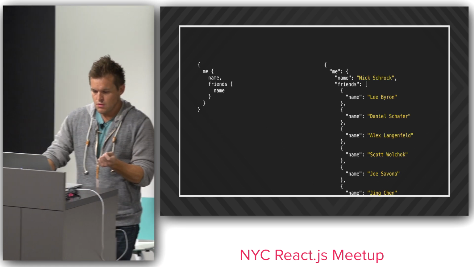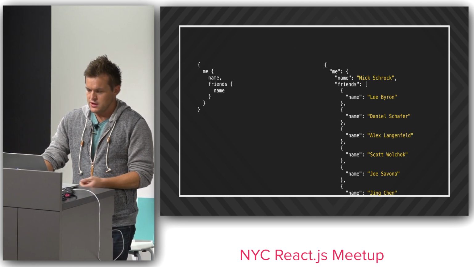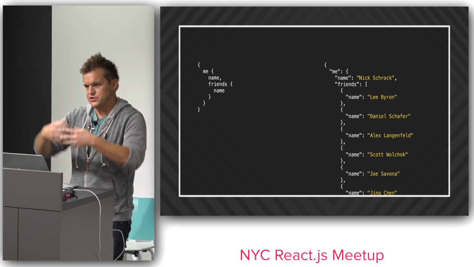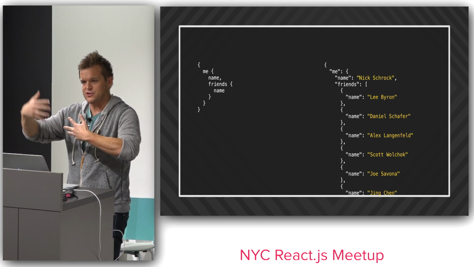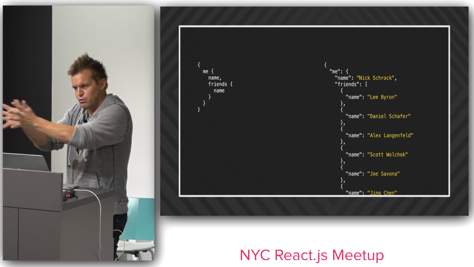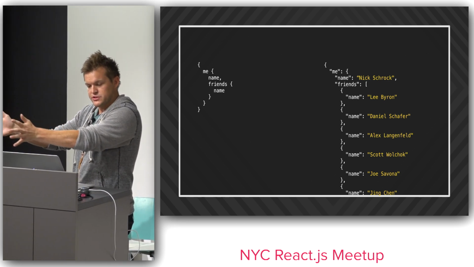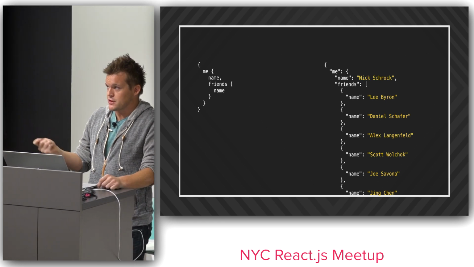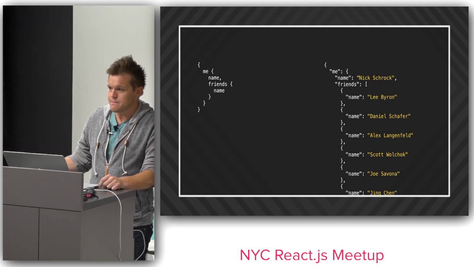So where it gets more interesting is that GraphQL was not designed just to get the properties of a single object. It's also designed to smoothly follow the connections, to smoothly explore the object graph that you're interested in. So here, we're querying not just for my name, but the list of all my friends and their names.